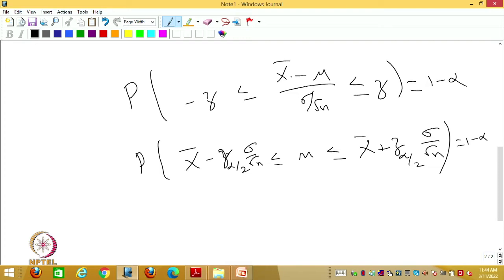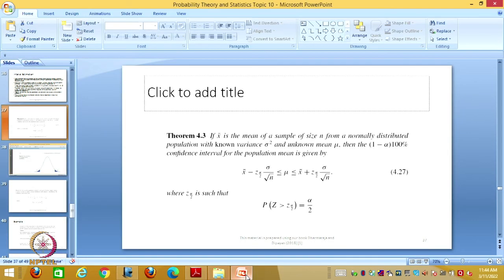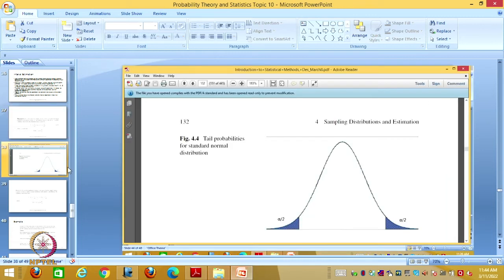If I draw the same scenario in the graphical way, I can show the graph on the next page. If I denote the point in which the right tail probability is alpha by 2, this point is going to be z alpha by 2, and this point is going to be minus z alpha by 2, because the standard normal is symmetric.